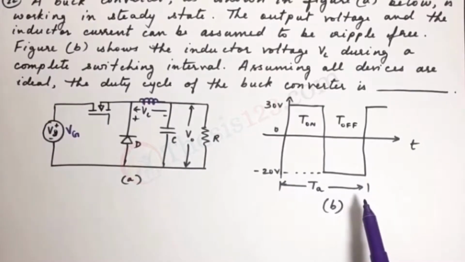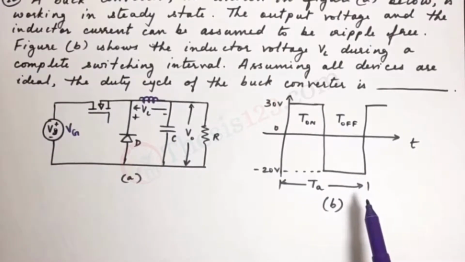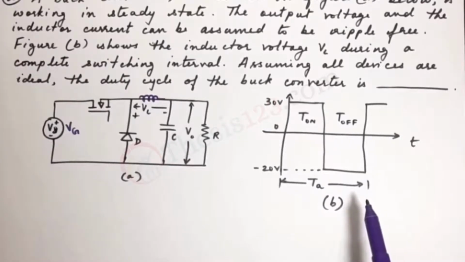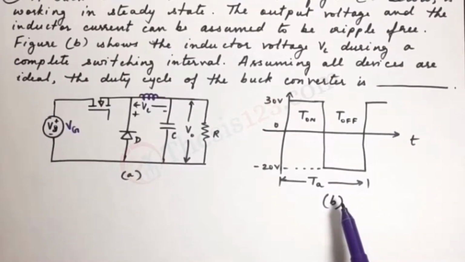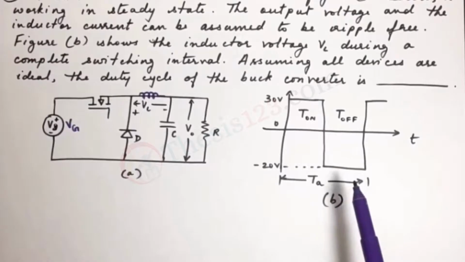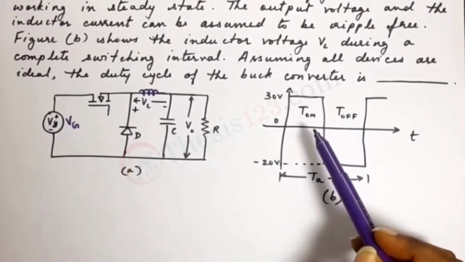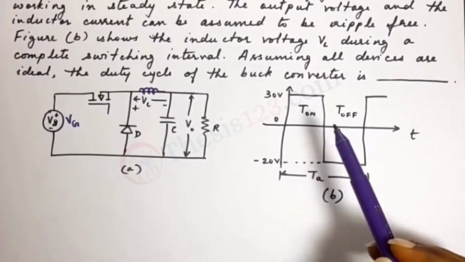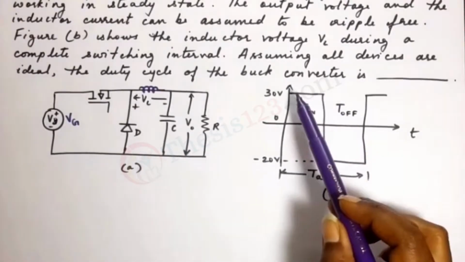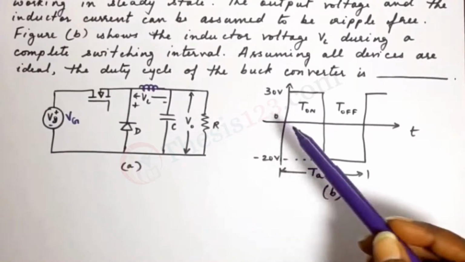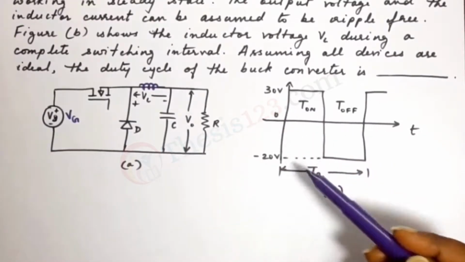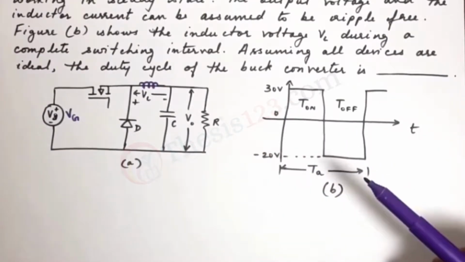And the second figure shows a waveform which gives us the inductor voltage VL during a complete switching interval, which means when the converter is on and when it is off. You will notice that the voltage range is from 30 volts to minus 20 volts. So we will have to keep that in mind while solving this.